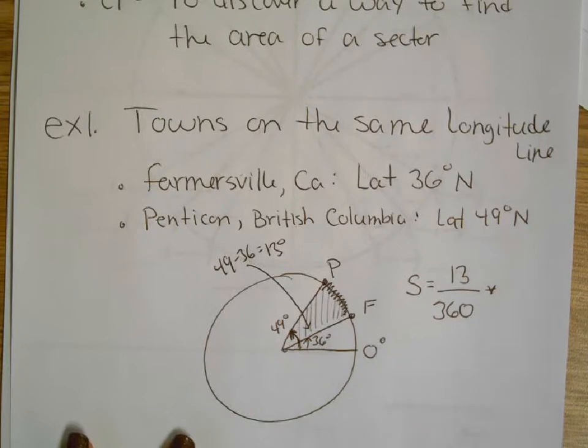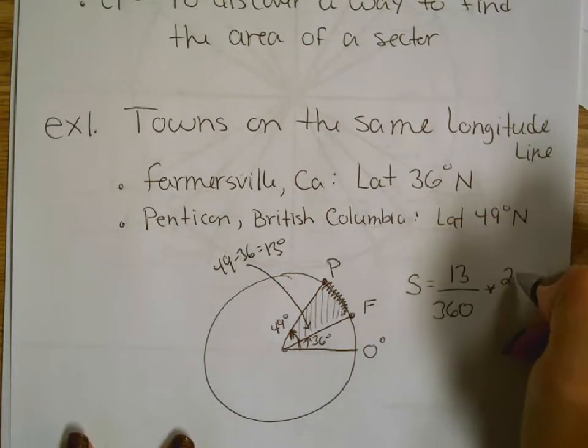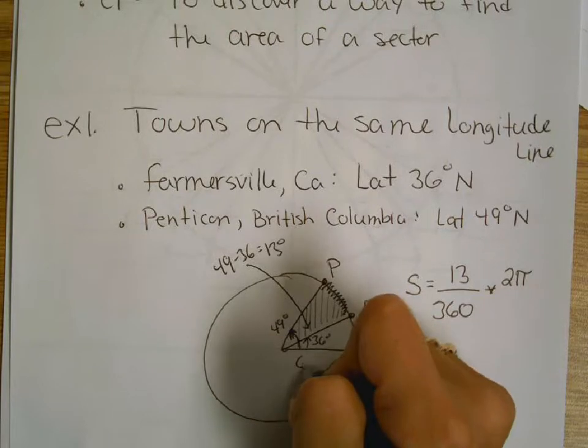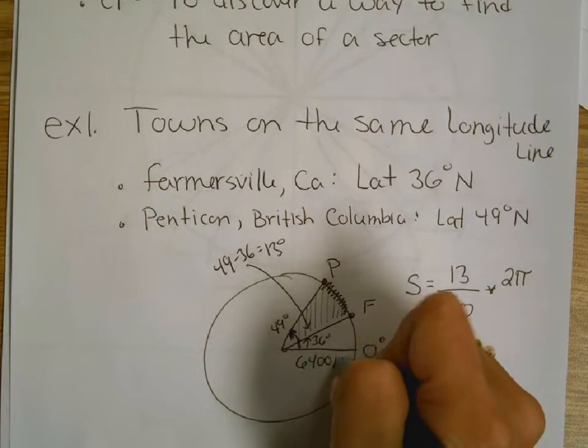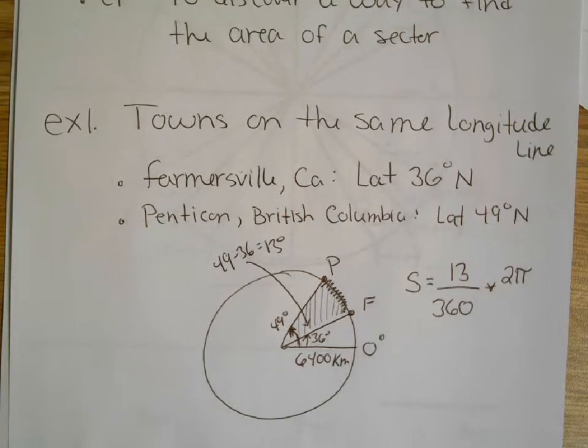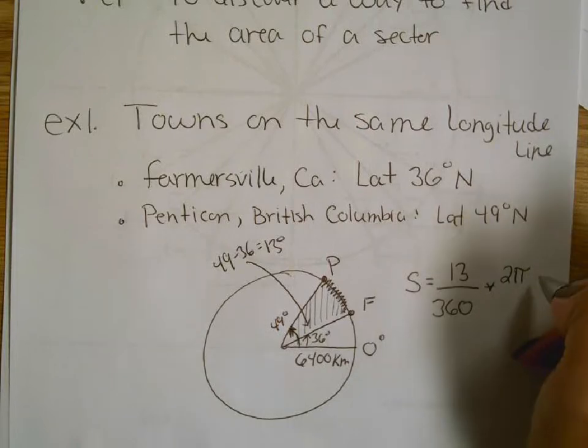Well, circumference, 2 pi r. 2 pi. I did not give you the radius of the Earth. I'll give it to you once. They don't tell you in all the story problems either, so you've got to use this number all the time. And they're going to go with kilometers. So they're using 6,400 kilometers as the approximate radius of the Earth. So we're looking at two big answers here. So 2 pi, the radius is going to be 6,400.